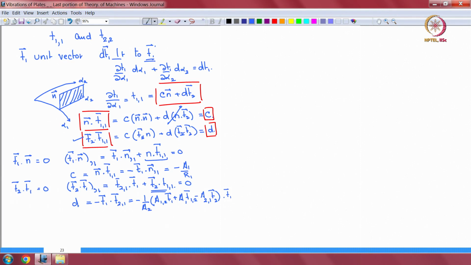Now, T1 is perpendicular to T2, and T1,2 will be in the 2 direction. So, this and this dotted with T1 will go to 0. So, only this one will remain. So, my D is equal to minus A1,2 by A2.